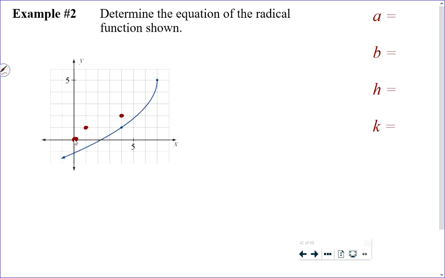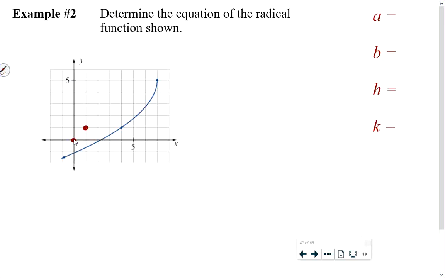If you want, you can actually put the original curve in. But it doesn't matter. What I know is that the relative position of the vertex and the first key point, the one that I identify as being (1, 1), is 1 above the vertex, and it's 1 to the right of the vertex.